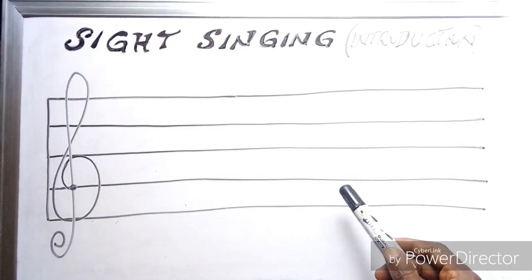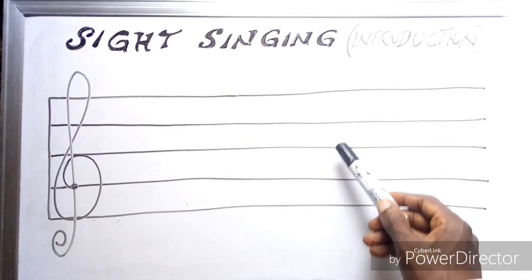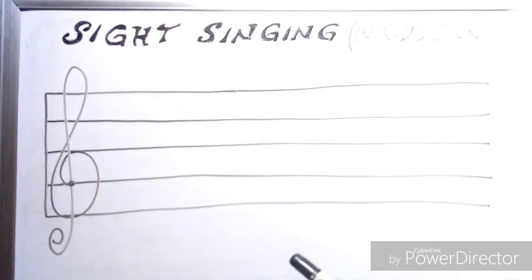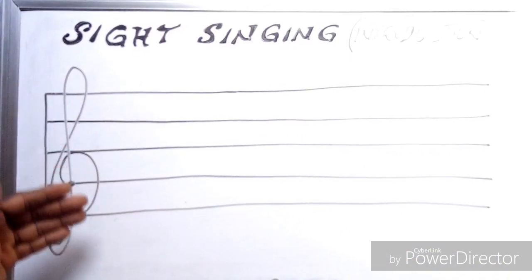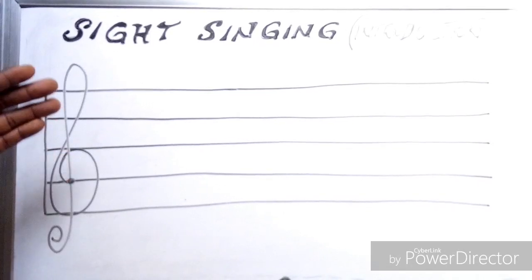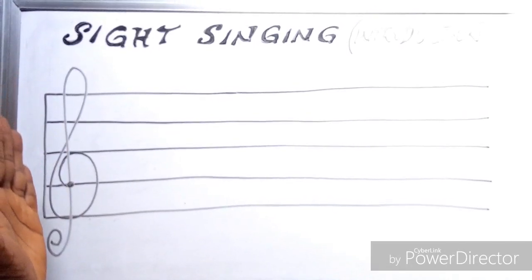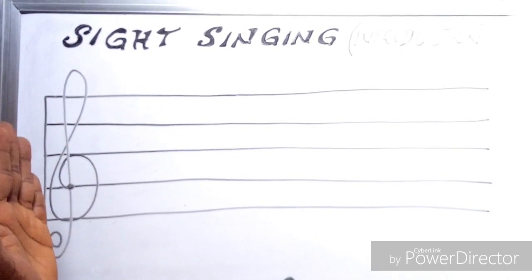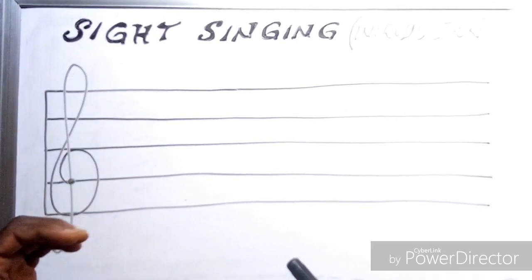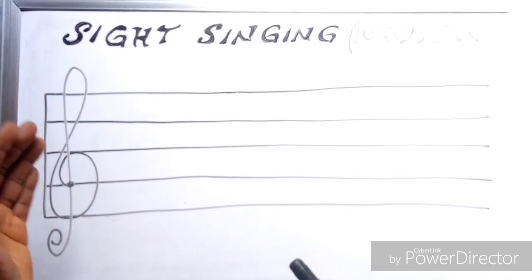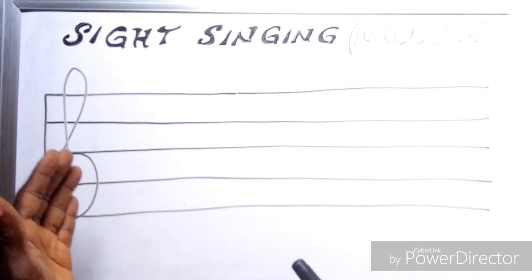And then the spaces F, A, C, E, spelling the word face. Now, there are no sharps or flats at the beginning, which makes it a staff in the key of C major. So whatever notes I place here now will be the notes of the scale of C major.